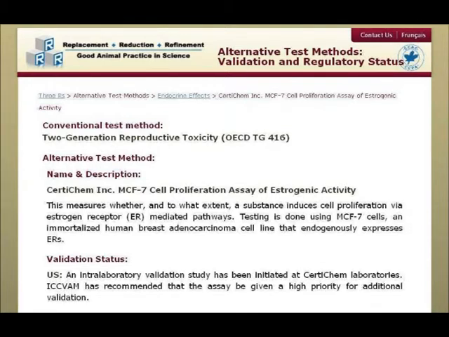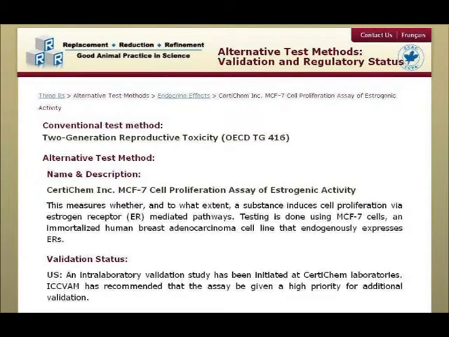When it says immortalized human breast, that means cancer cells, unfortunately, that are being used. I mean, obviously there's nothing unethical about using immortalized human breast cancer cells, other than the fact that someone had to have them initially, I suppose.